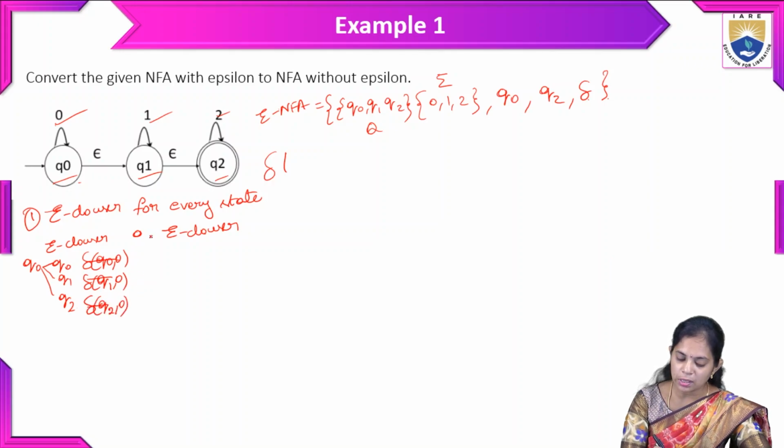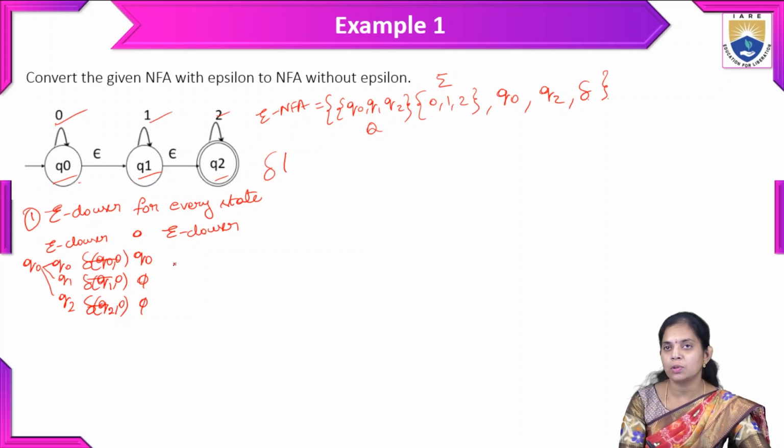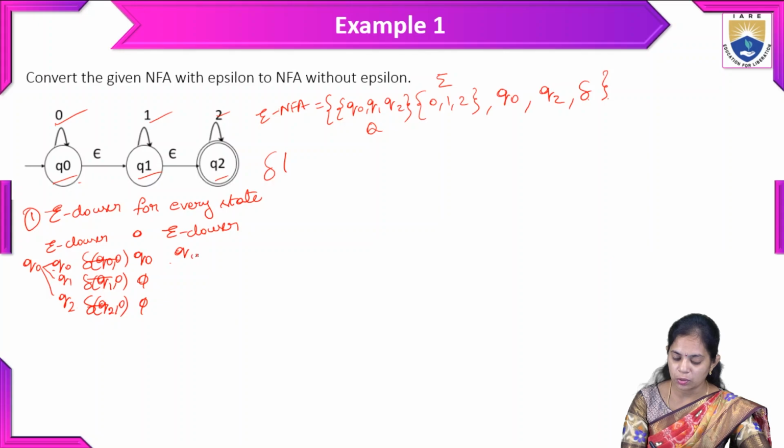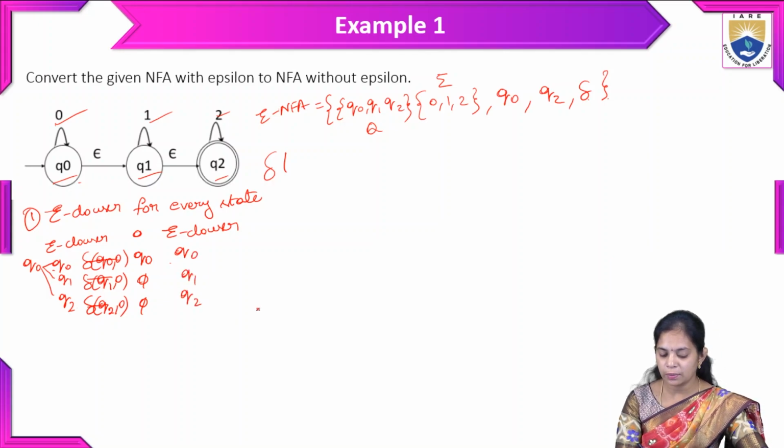The result: transition of Q naught on 0 is Q naught, and transition of Q1 with 0 input is phi, nothing is there, and transition of Q2 comma 0 is nothing. And again we need to find the epsilon closure. So this is the epsilon closure of Q naught that we got as the result.